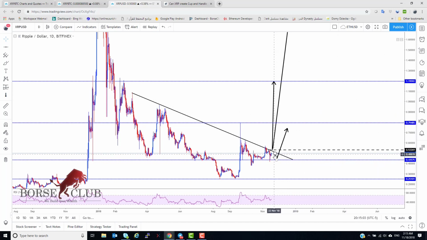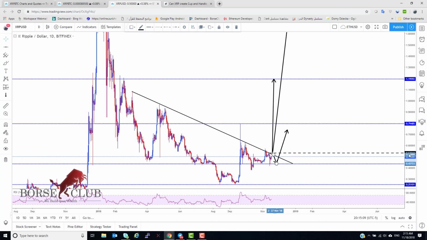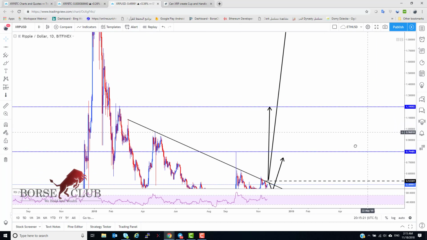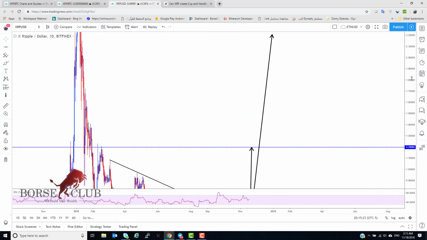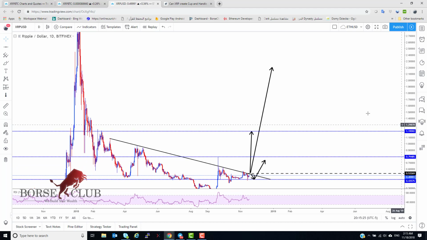But to me, if I'm going to buy Rebel, I will wait for either a break of 53 cents or a retest of 43 cents. Then I will buy Rebel with a first target of $1.20. Then the second target will be $2.02.